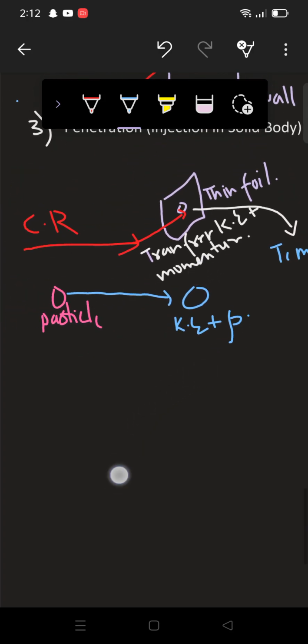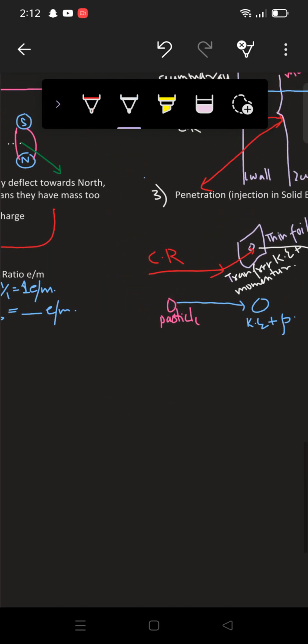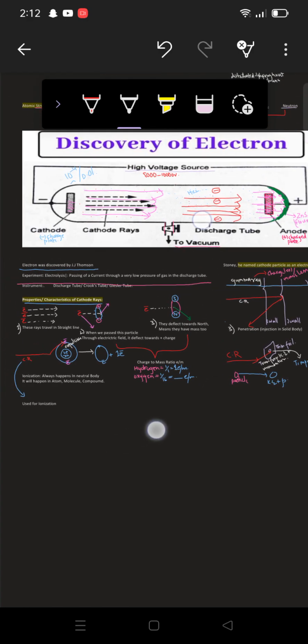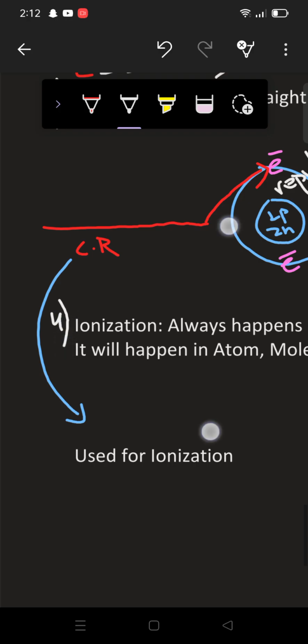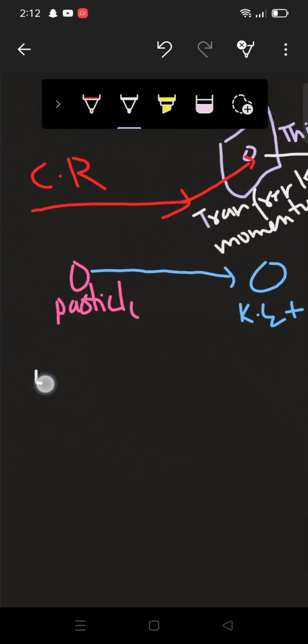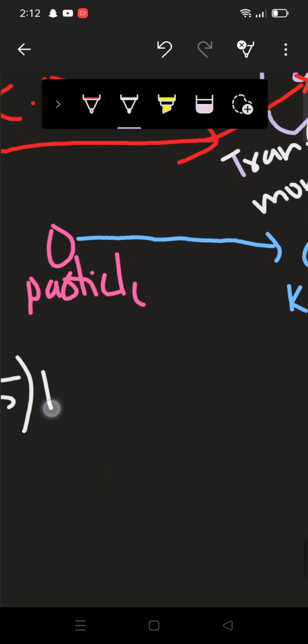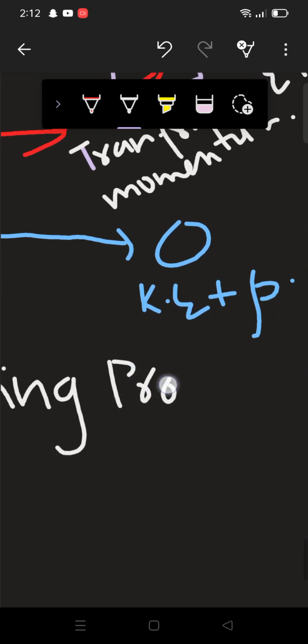So this is basically the heating property, which would be the 5th property, because ionization was the 4th one, and now we have moved towards the 5th property. And this is about the heating properties or characteristics.